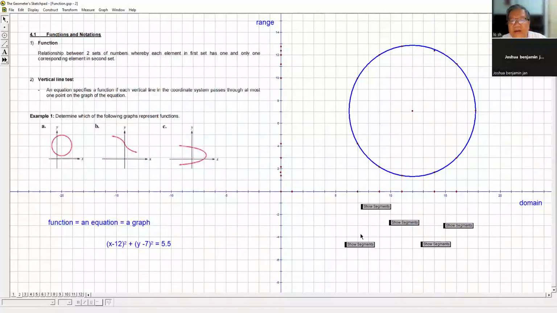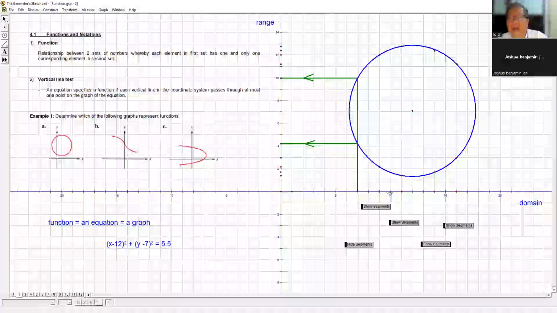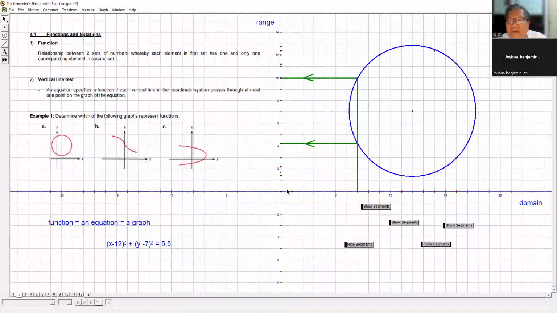Okay, you listen. Now, look at this. I pick one value along the x-axis. Let's say I pick this value here, 5, 6, 7. I pick this value 7. Then I shoot up parallel to the y-axis.